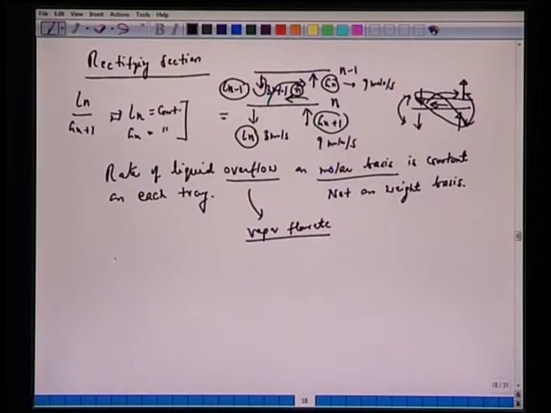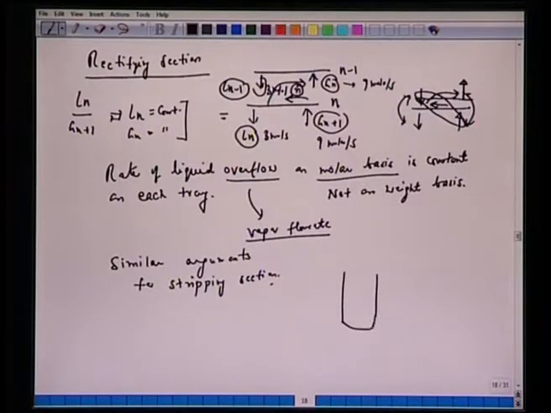We can have similar arguments for the stripping section. Even in the stripping section, if we choose a plate, say we give the nomenclature M, and we have M plus 1, counting from the top, we have the same argument here.